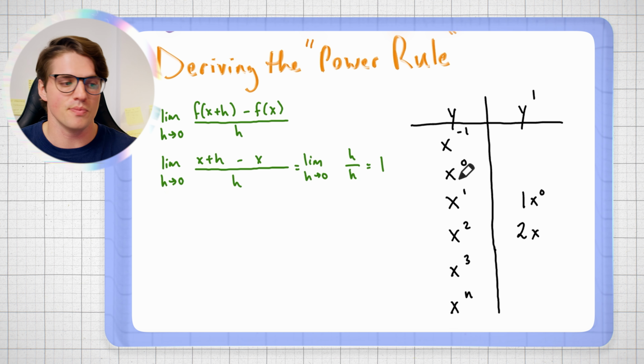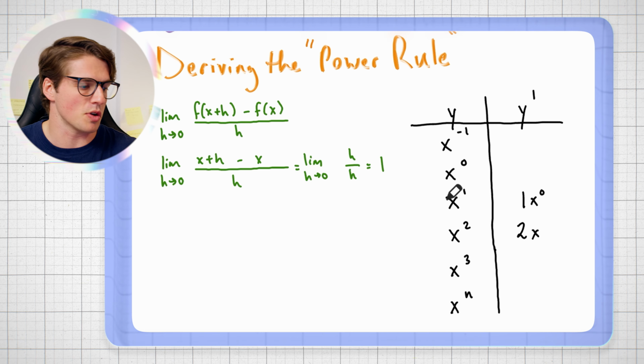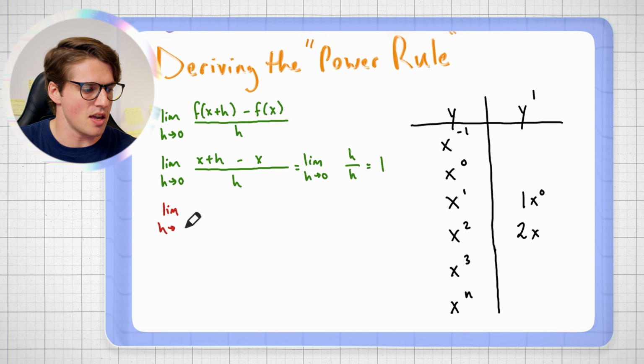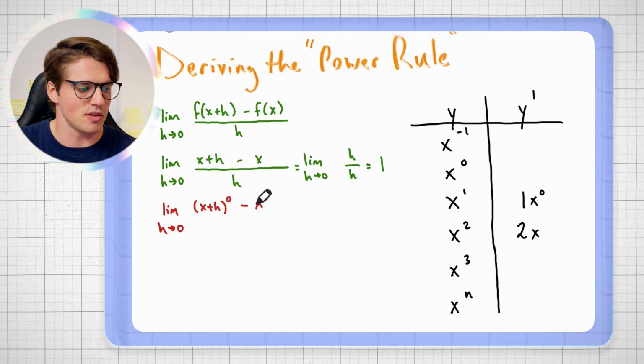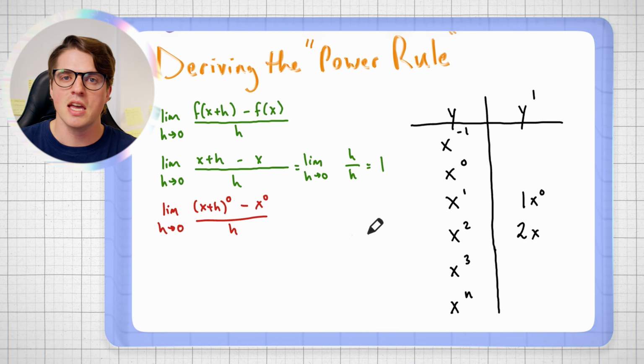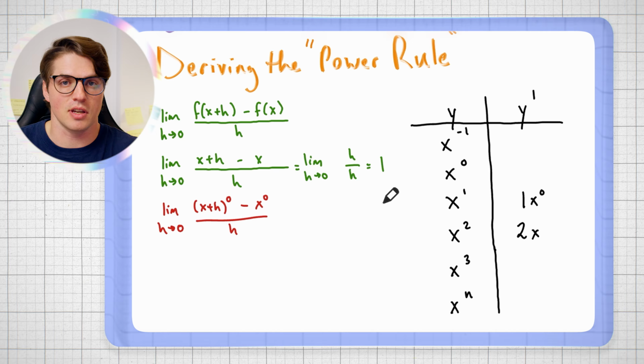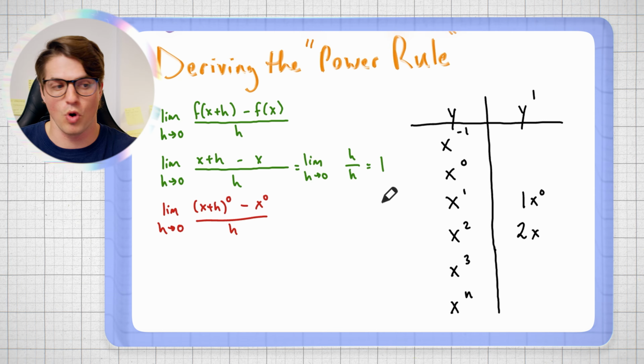Speaking of x to the 0, we have an x to the 0 here that I want to take the derivative of. The limit as h goes to 0 of x plus h to the 0 minus x to the 0 all over h. Now, I've just mentioned this, that x to the 0 is 1. Anything to the 0 power is 1.